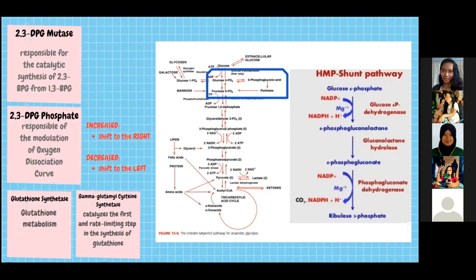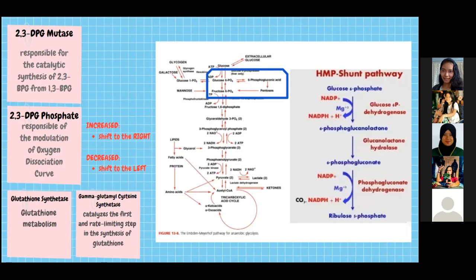So meaning, hindi na makaharm ang oxidative radicals sa red blood cells once ma-reduce ang glutathione, because these oxidative radicals will be converted into water and oxygen by the reduced glutathione.